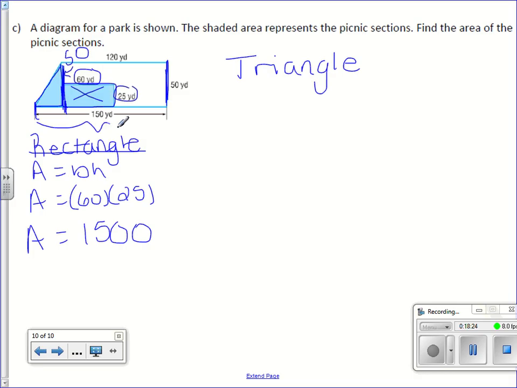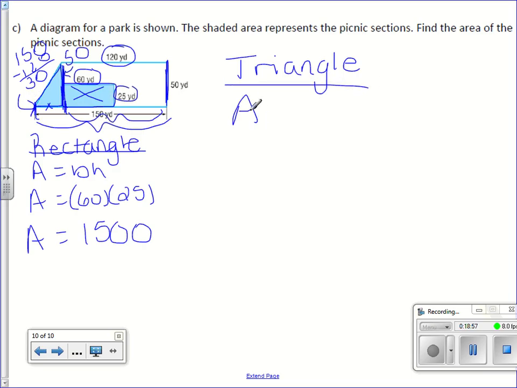I know this entire length is 150, and this little piece of it is 120. So to find this length, we would take 150 minus 120, and that distance or base is 30.